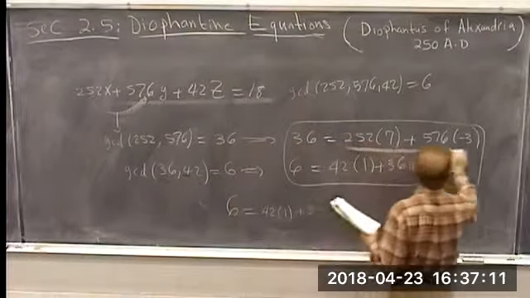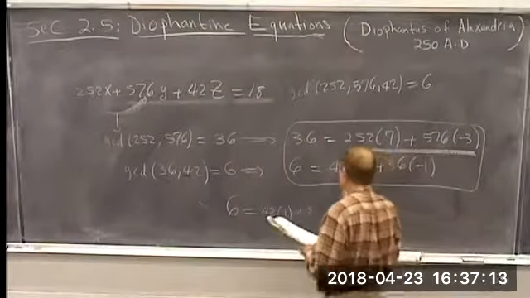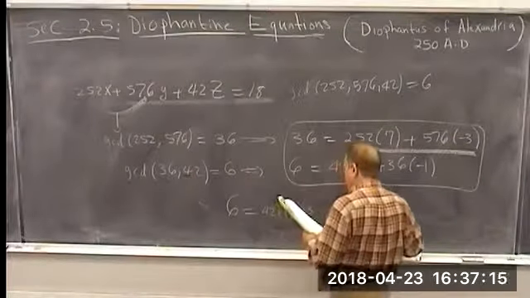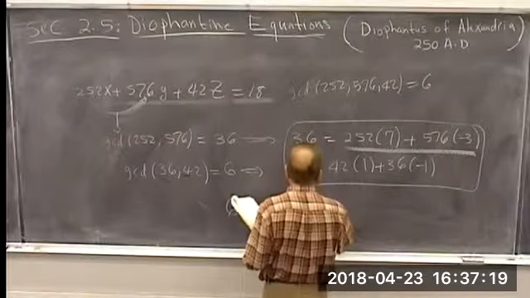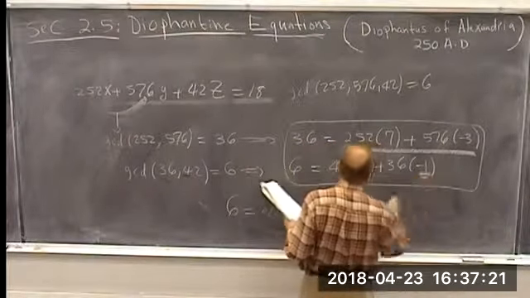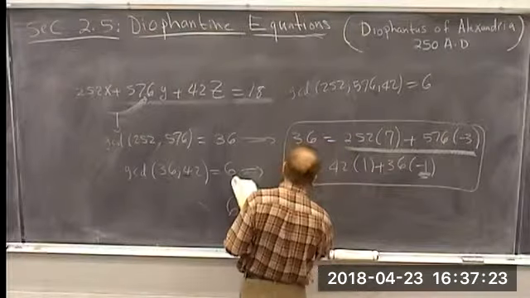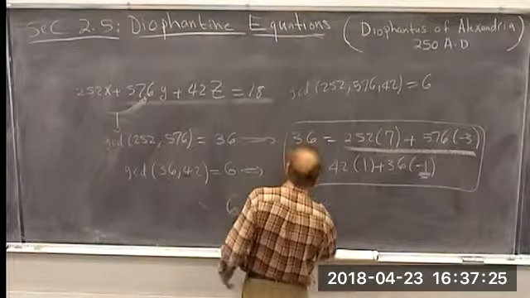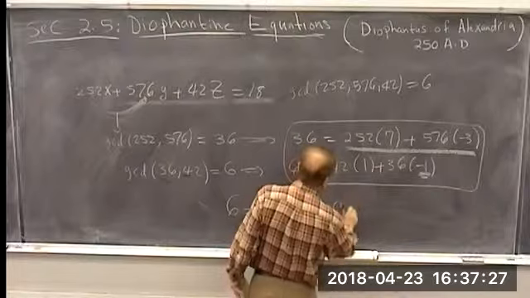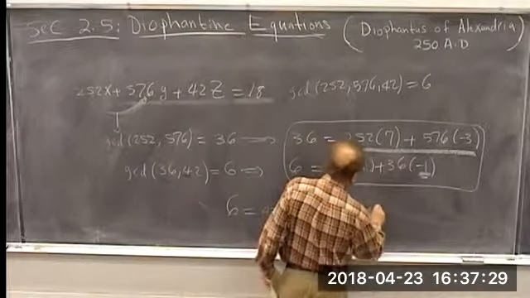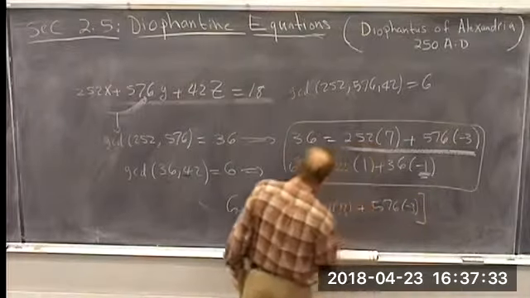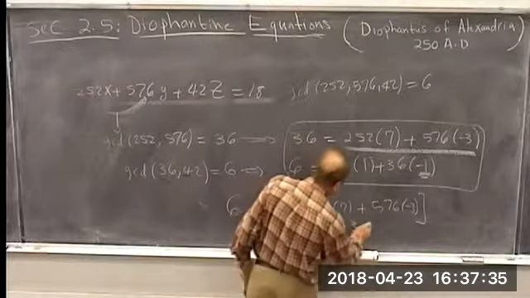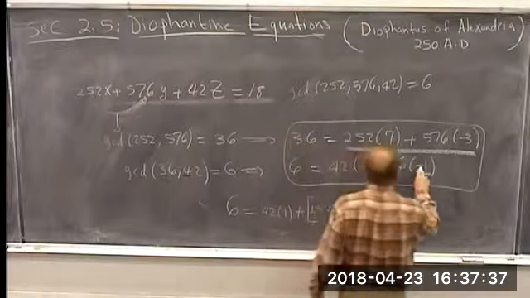So I want to take the 36 and express it, and we have a negative 1 that goes with it. Okay, so we're going to have 252 times 7 plus 576 times negative 3. All of this is the 36, remember? And we need to multiply it by negative 1.